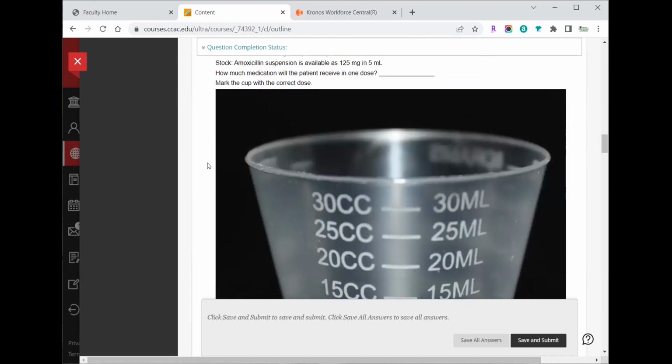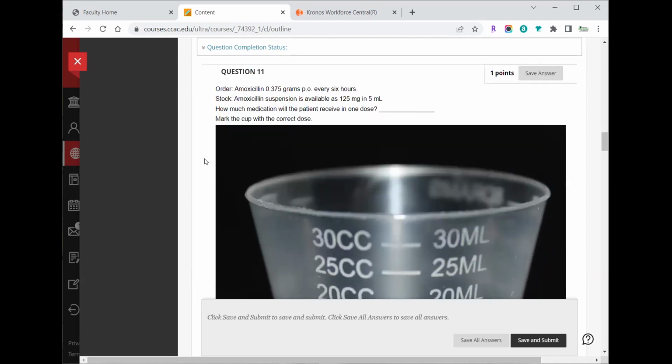Here's another cup question. It says our order is 0.375 grams by mouth every 6 hours. We have a suspension available, 125 milligrams per 5 ml. So the first thing you need to recognize is that you have grams and you have milligrams, and they both need to be the same units before you do any kind of math.